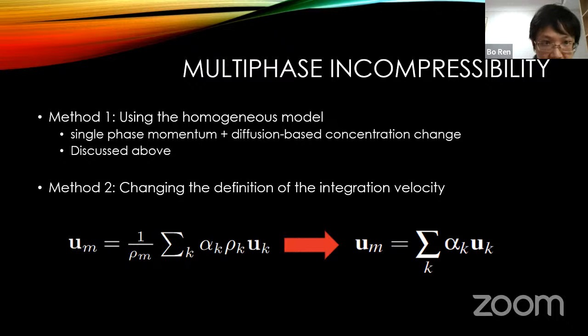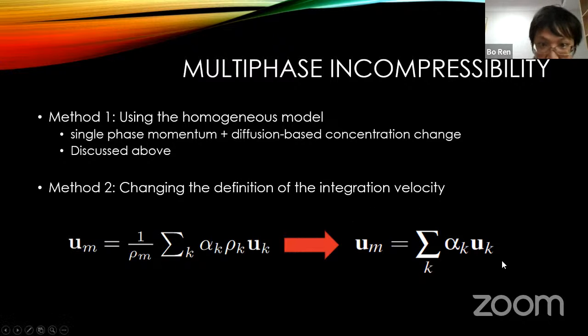However, there are several methods currently to handle the incompressibility in multi-phase simulations in SPH. The first method is using the homogeneous model. We just have seen it. The second method is that we change the definition of the integration velocity. The original integration velocity is weighted by mass, the mass-weighted integration velocity.